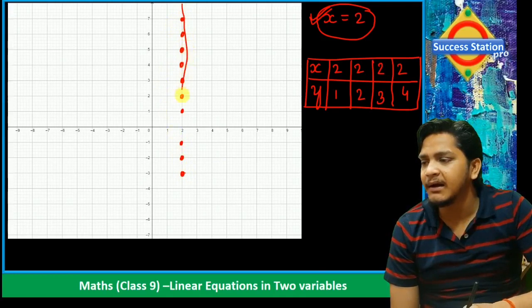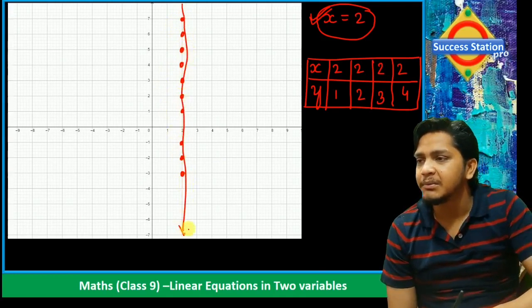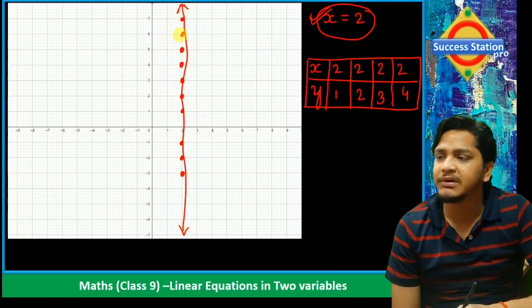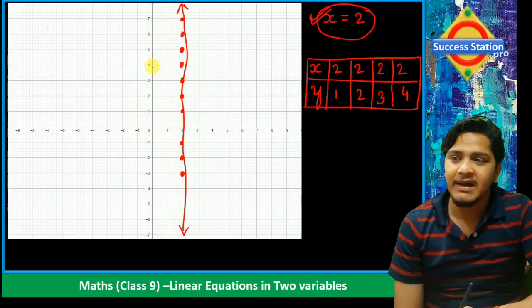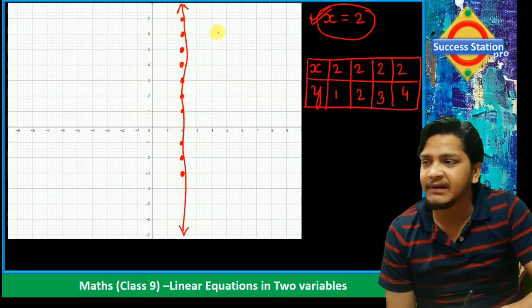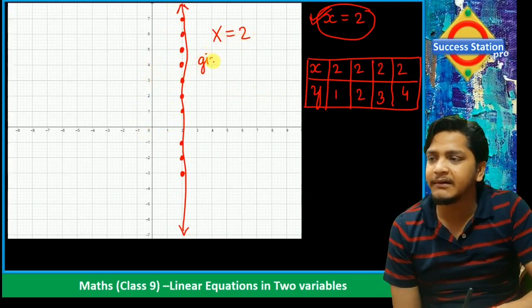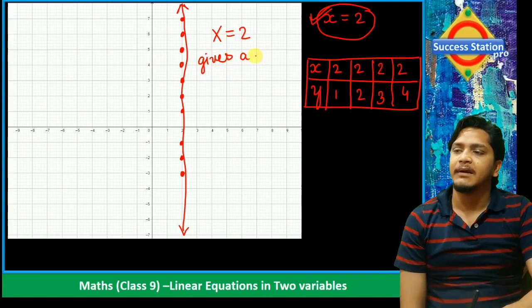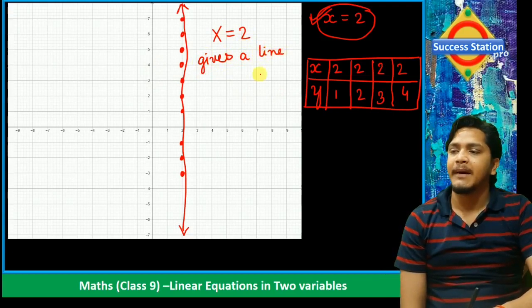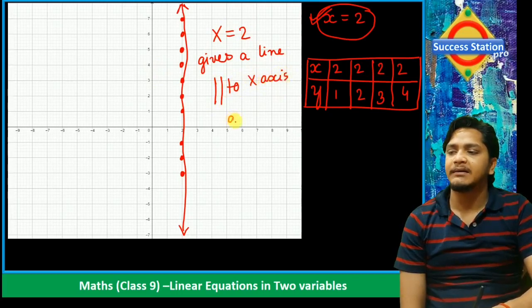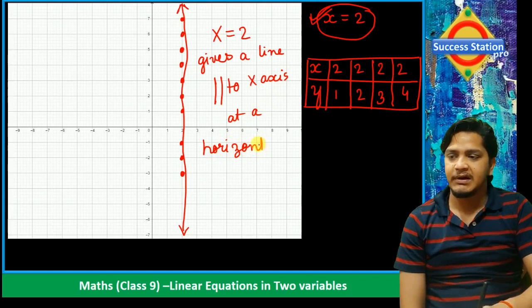We are getting a line which is parallel to the y-axis at a horizontal distance of 2 units.